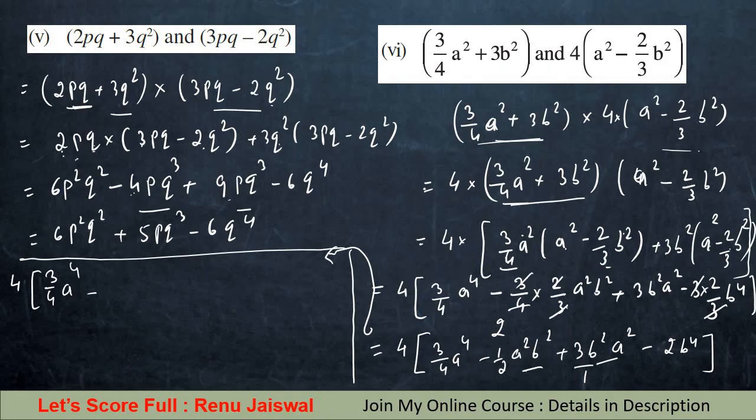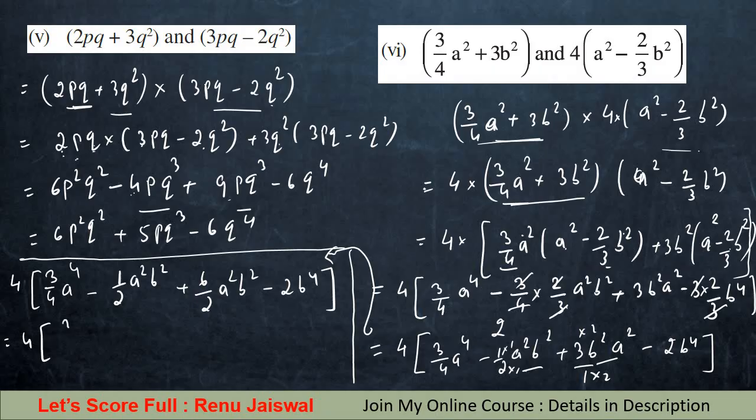Multiply numerator and denominator by 1 because the LCM is 1. So it is 1 by 2 a square b square. And here I need to multiply it by 2. So it is 6 by 2 a square b square. And then 2b4. Bracket close.